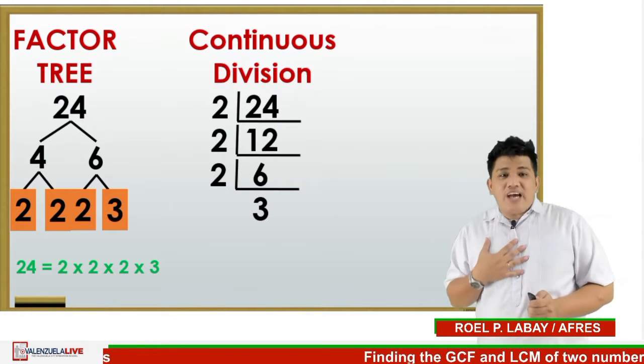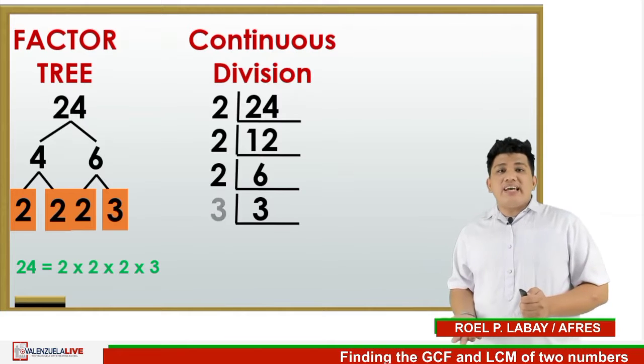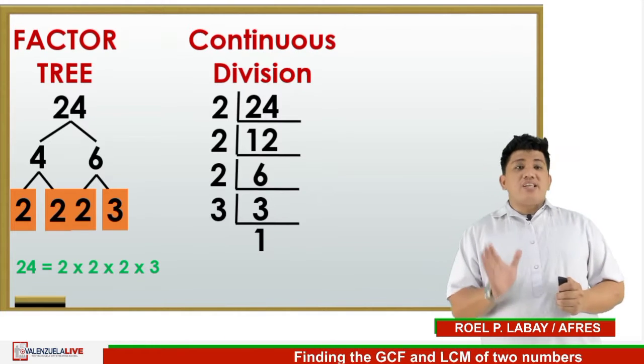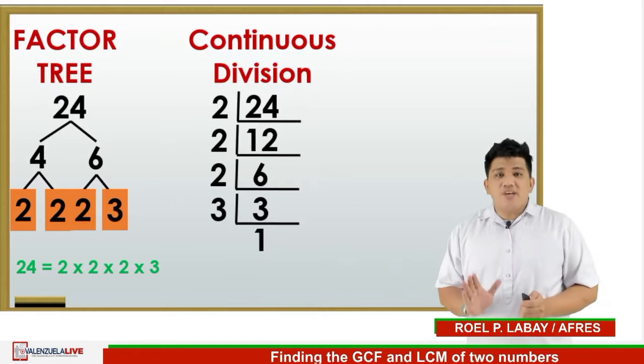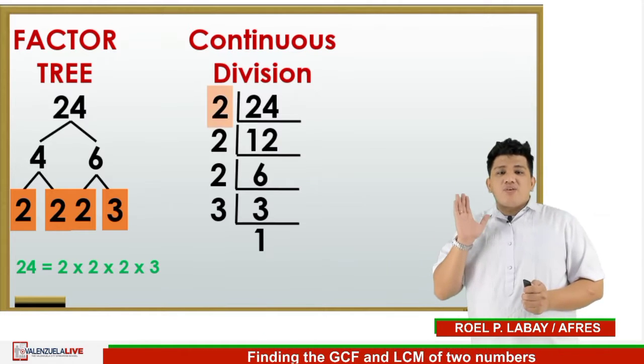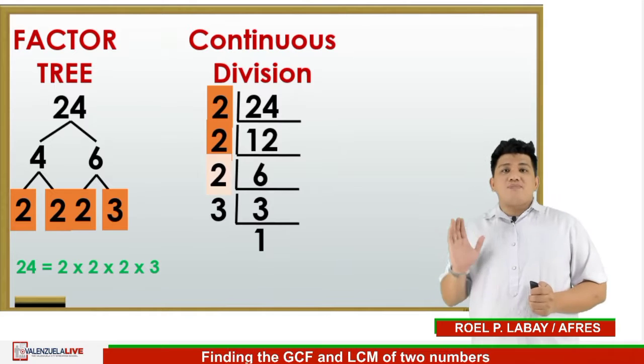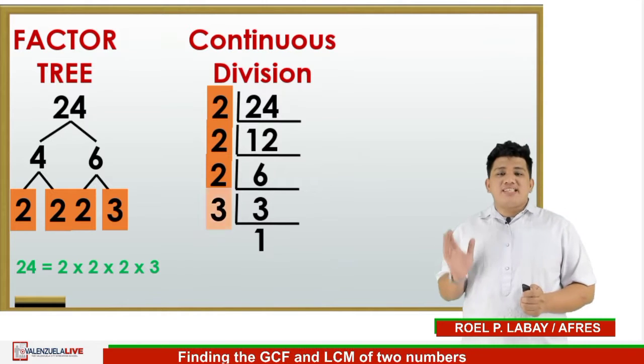And 3 divided by 3, the quotient is 1. We will stop the division when the quotient is 1. Therefore, the prime factors of 24 are 2 times 2 times 2 times 3.